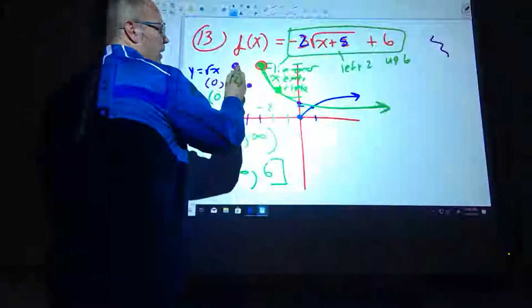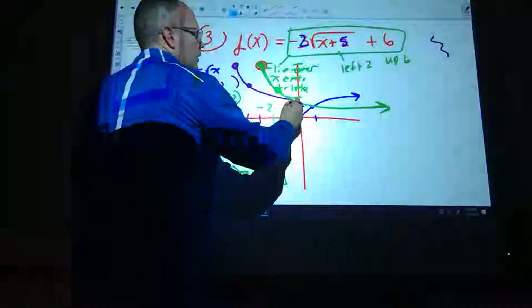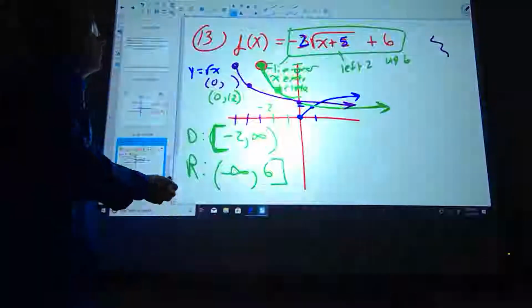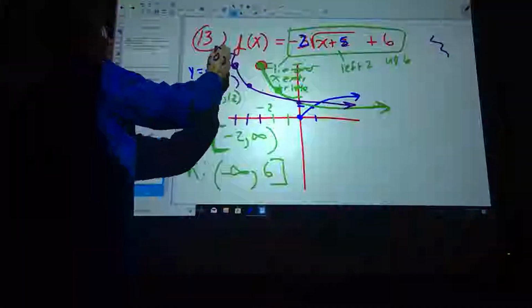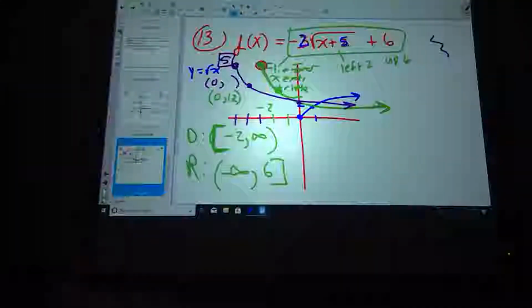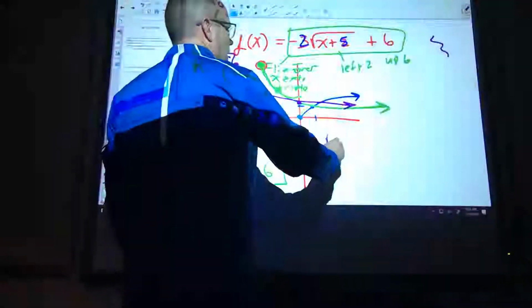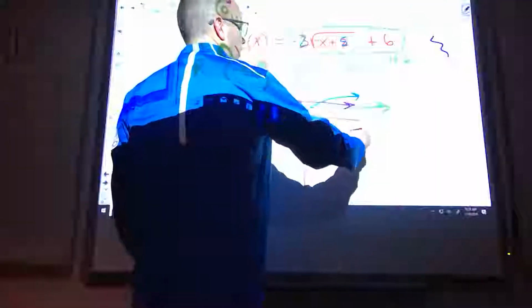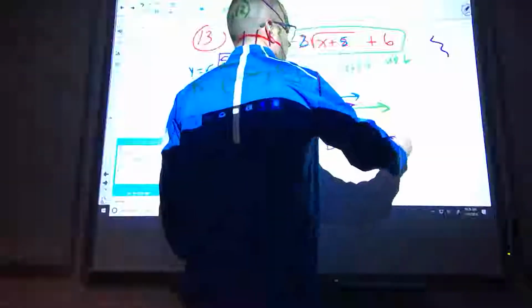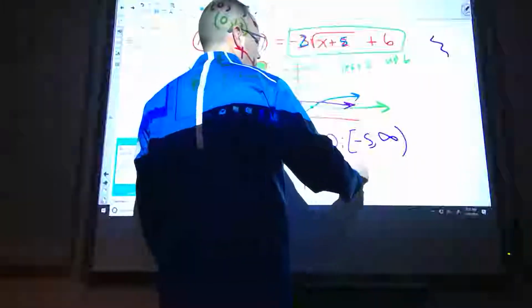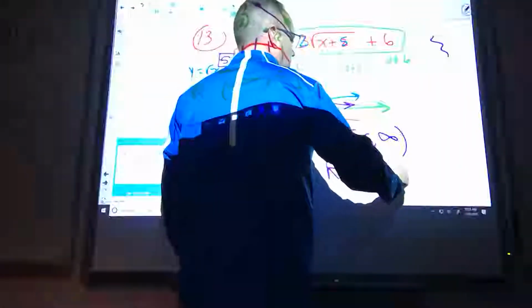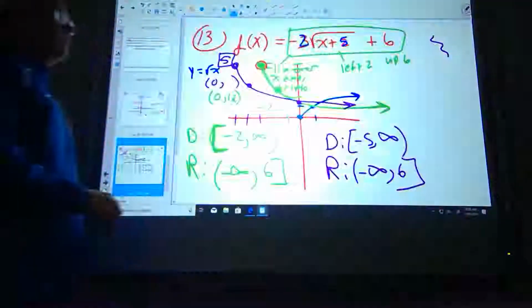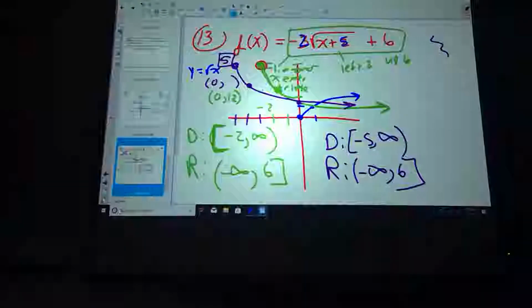So it's still about right there. And that's number 5's answer. And then the domain on 5 starts at -5, goes to infinity, range goes from -infinity to 6. That's it.